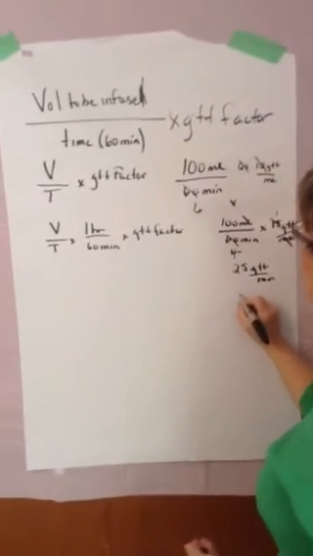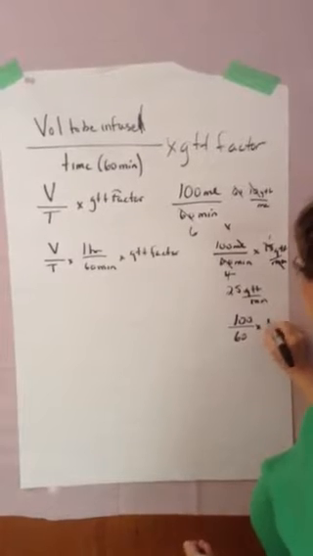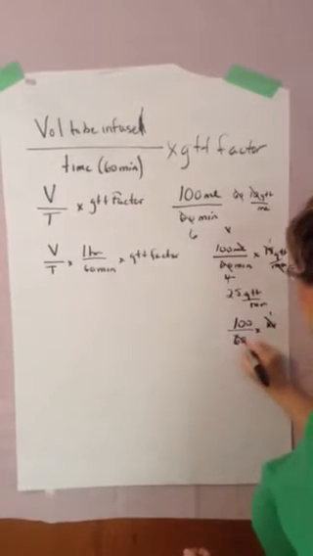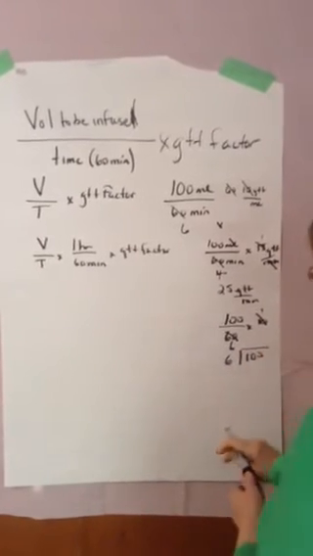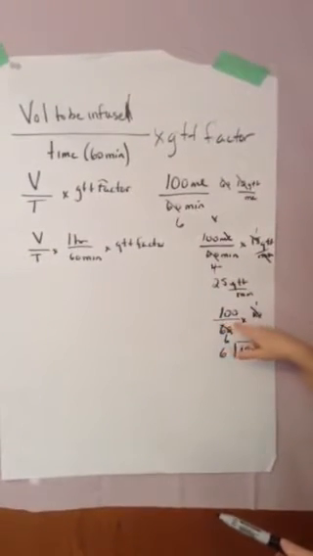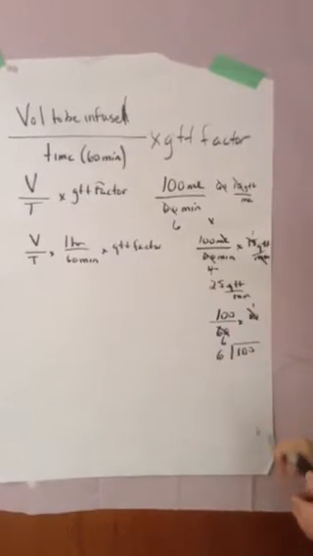Okay, up here where it was 100 divided by 60 times 10, 6, so we have to actually divide 6 into 100. And do you remember back in original one, I said wherever this line is, that means divided by. So 100 divided by 60.